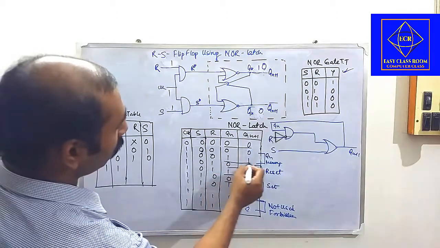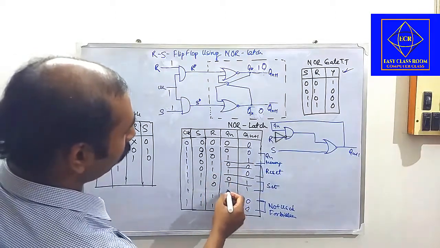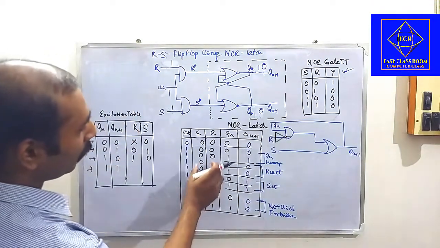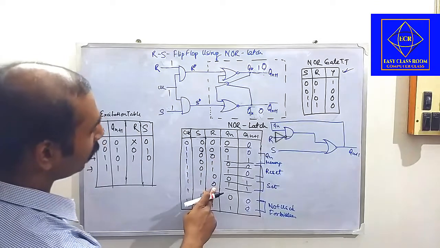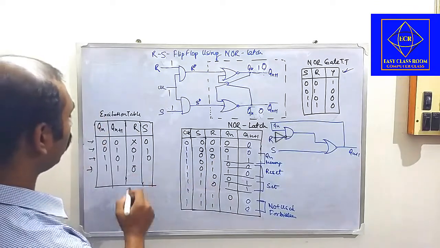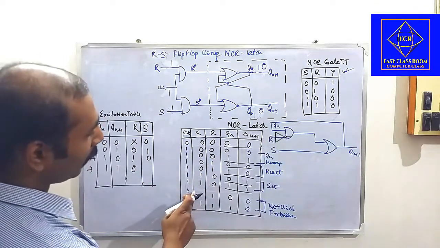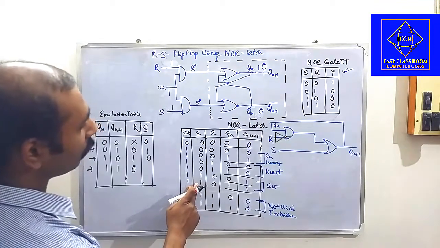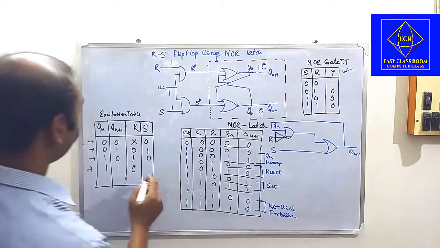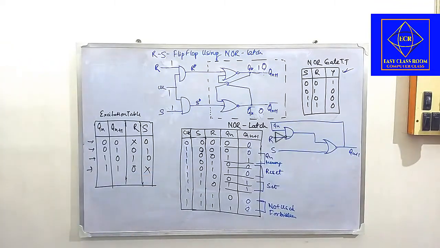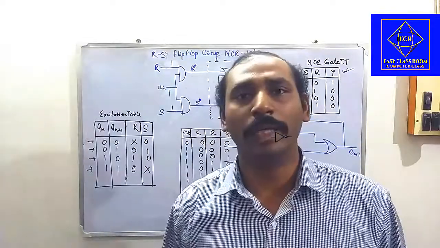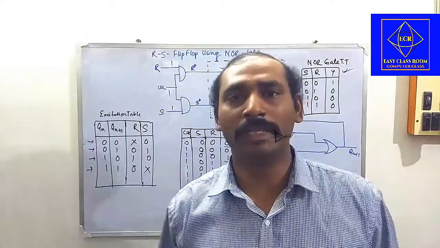From this and from this. We see R in both cases is stable, so we put 0 here, and S is actually changing from 1 to 0, so we can put a cross. So this is how we can draw the excitation table from these kinds of circuits.